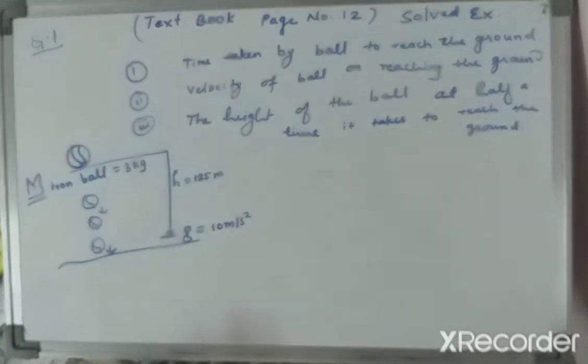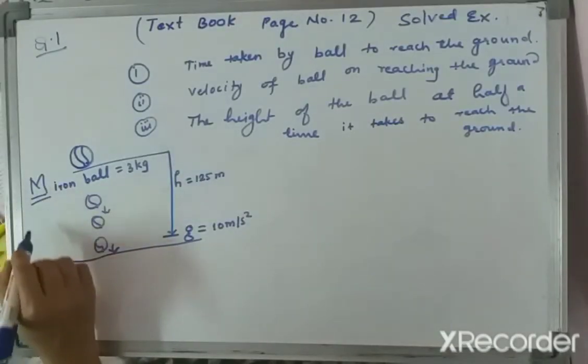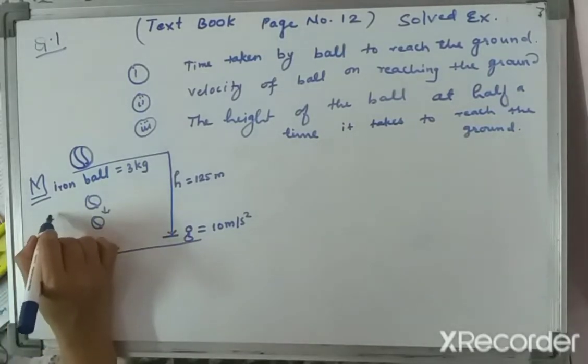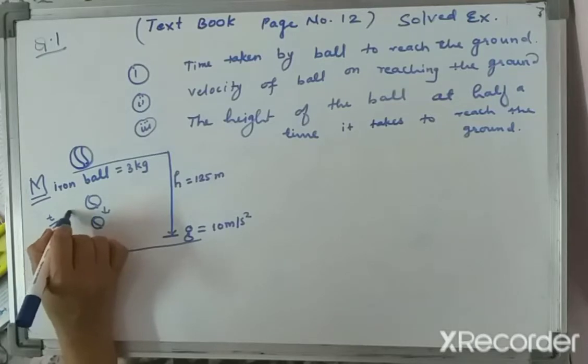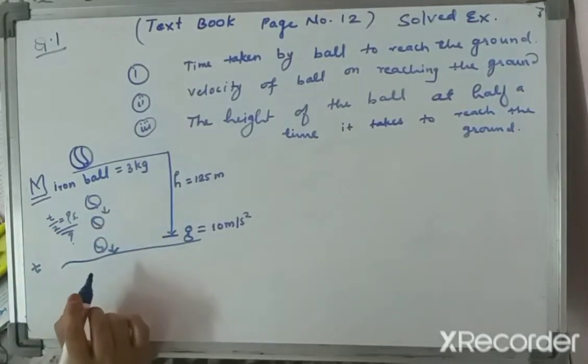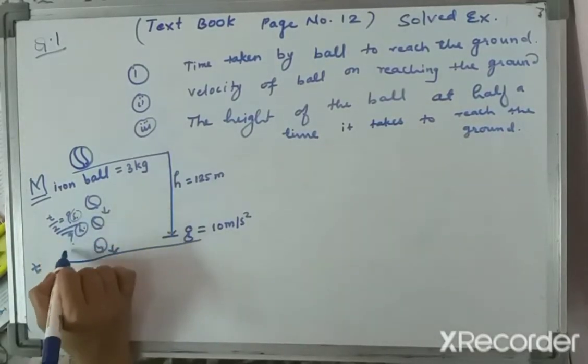This third question means, suppose the ball takes time t to go from here to here. Then in the half time, t upon 2, how much distance is it covering, that we have to find out. Distance here means height.